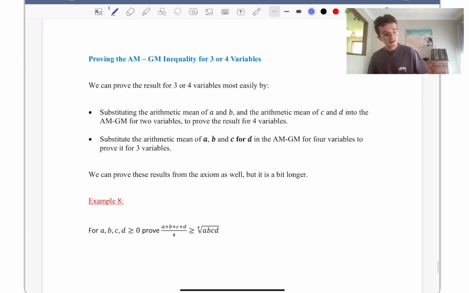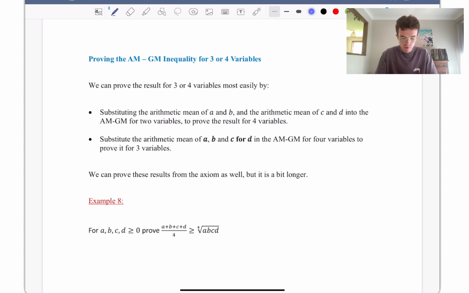Okay, proving using 3 or 4 variables. Now, it's a bit harder, but we can prove this inequality and use the inequality to prove things involving more than 2 variables, such as a, b, c, and d. Now, there are 2 methods.